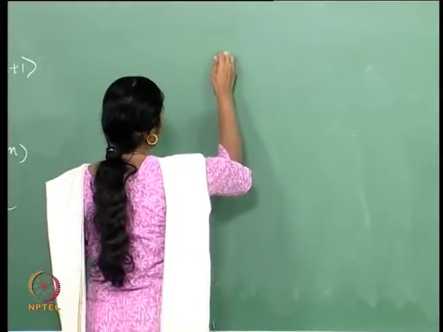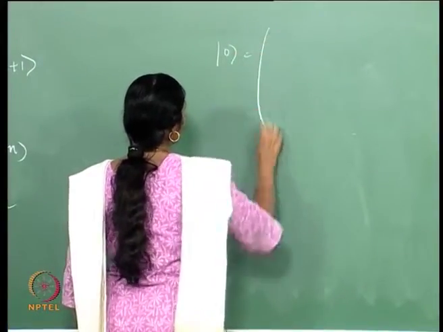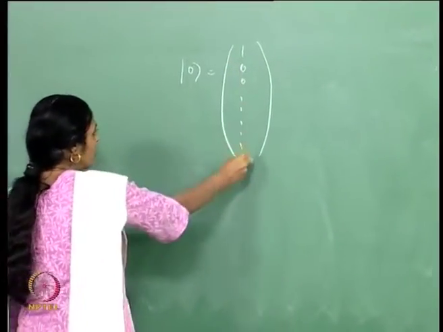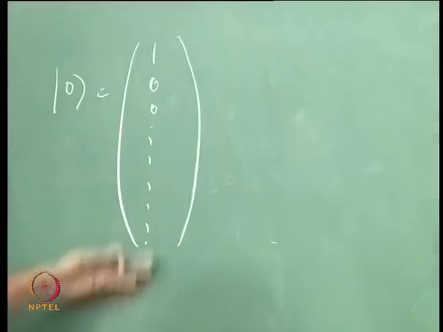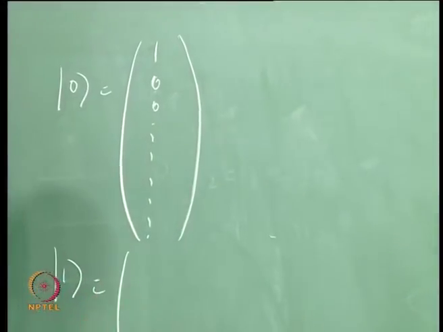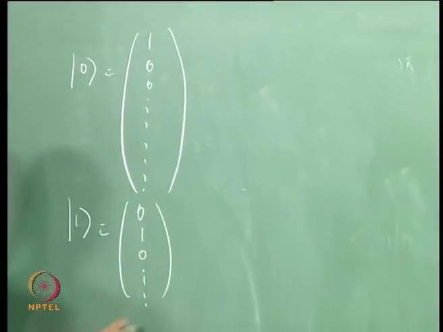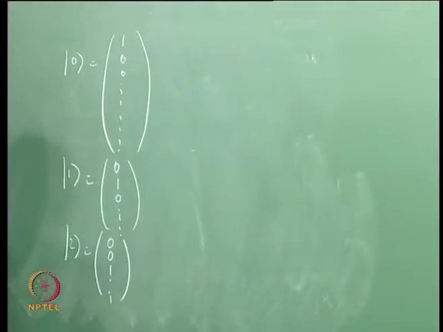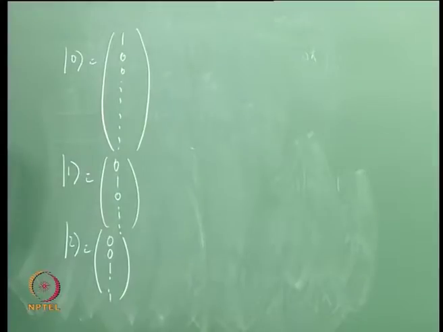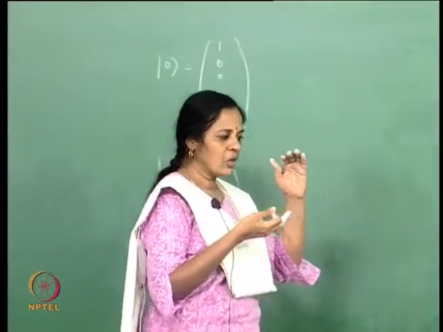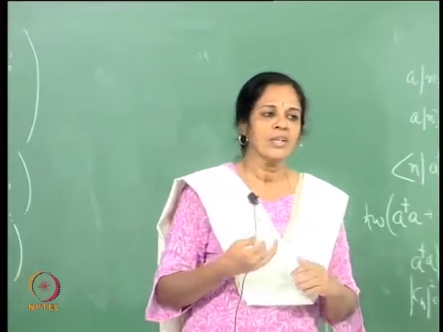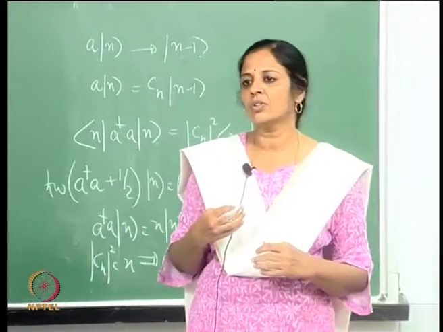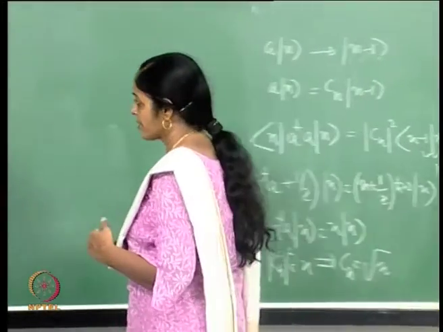First of all, the column vectors, I could represent ket 0 as an infinite string of numbers in the column, 1 and the rest of them 0, ket 1 as 0, 1 and the rest of them 0, ket 2 as 0, 0, 1 and the rest of them 0, and so on. Analogous to the spin system, where we had the 2 component column vectors 1, 0 and 0, 1 in the case of the 2 level atom, and in the case of the 3 level atom we had 1, 0, 0; 0, 1, 0 and 0, 0, 1 as the basis vectors.